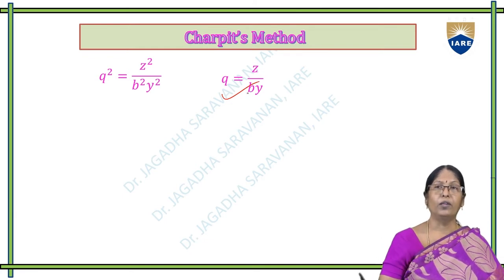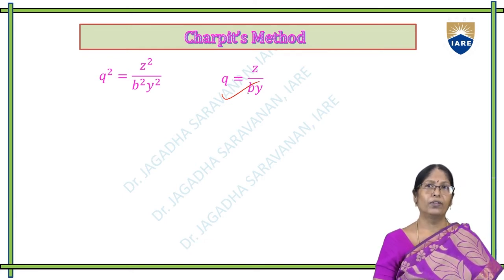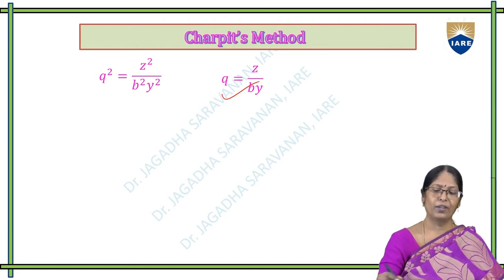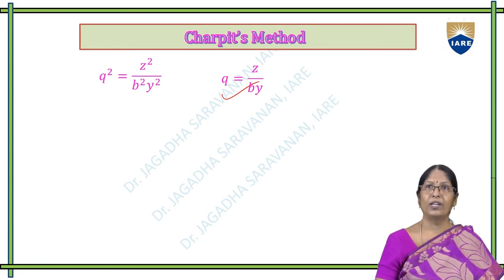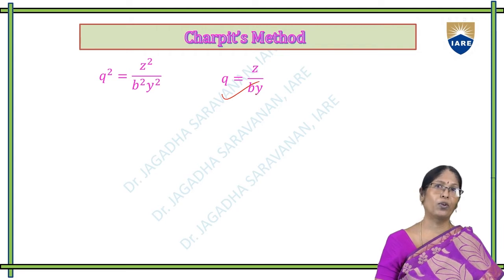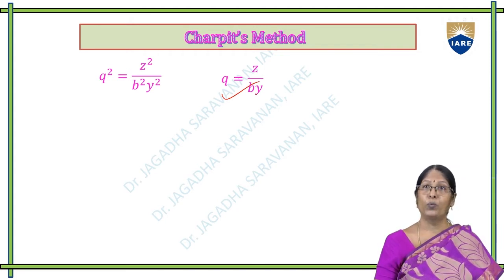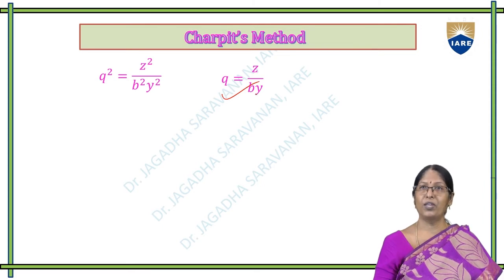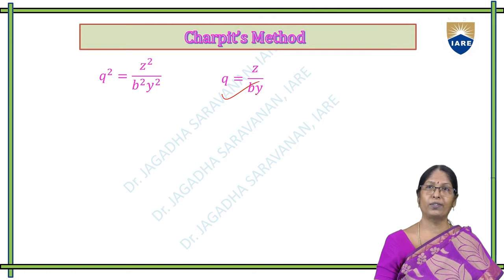from which we can obtain q. So q equals z by by. See, now in this format it's very easy to find the value of q. Here one doubt will occur in our mind. Before, in the first problem, we added the constants c1 and c2. We didn't add c1 square and c2 square, whereas here we added the constant b square.